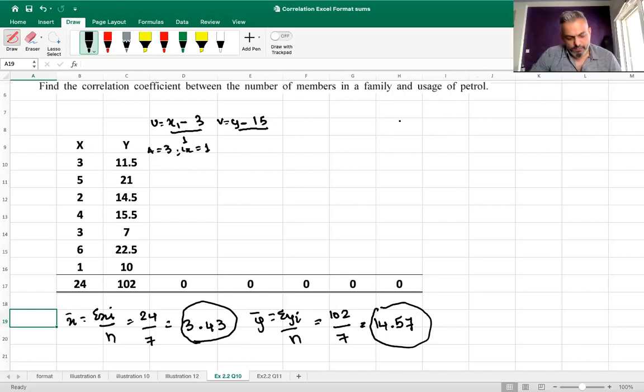Let's check: 11.5 minus 15, divided by 0.5. Yes, so here we will take 0.5 as the common divisible number. So B is equal to 15 and C of Y is equal to 0.5.